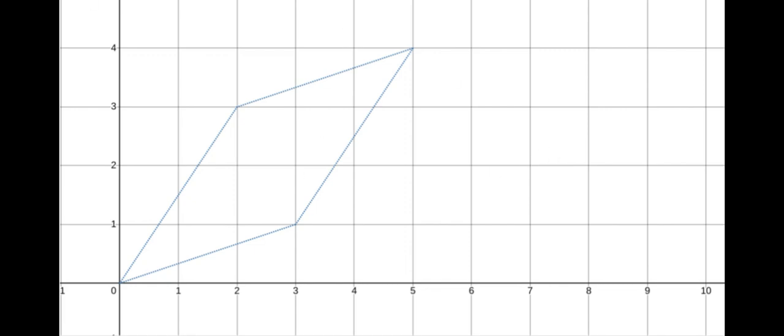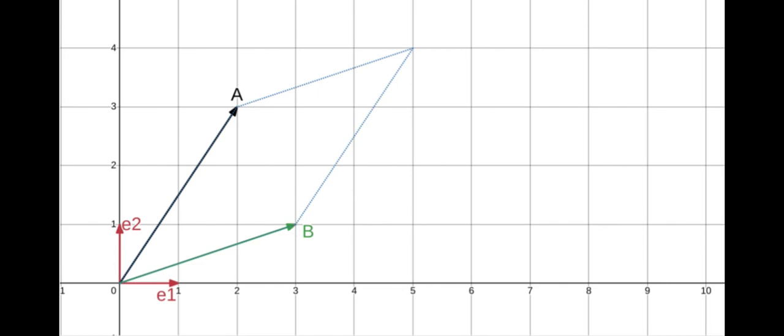Well, what we can do here is put in our handy dandy Cartesian orthonormal basis vectors that we love, and we can turn two of these legs into vectors like this. So we just turned two legs of this parallelogram into two vectors.